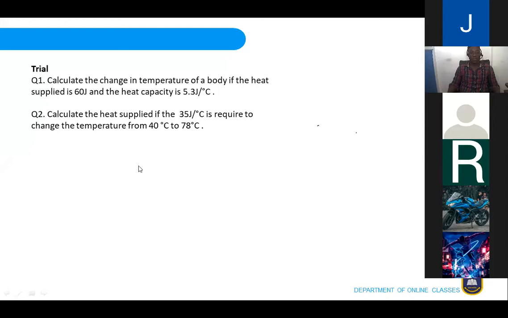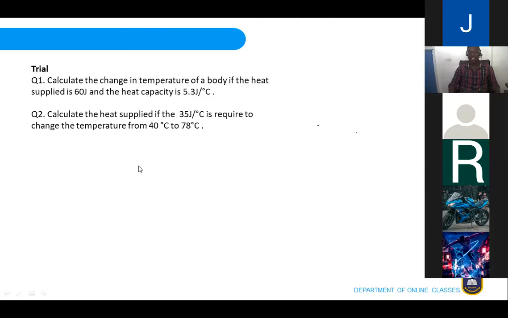For example, let's see the second question. Calculate the heat supplied if 35 joules per Kelvin is required to change the temperature from 40 degrees Celsius to 78 degrees Celsius. If the heat capacity is given to you in joules per Kelvin, and the temperature is given in degrees Celsius, what you have to do is change the temperature from degrees Celsius to Kelvin. So the 40 degrees Celsius, you change it to Kelvin.